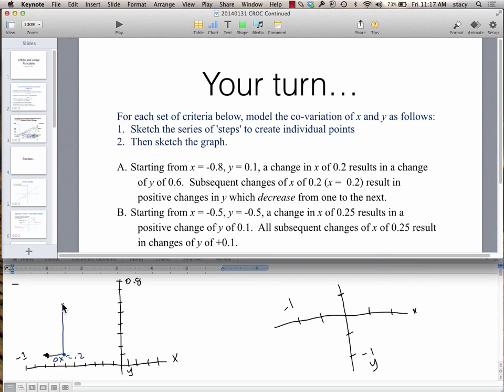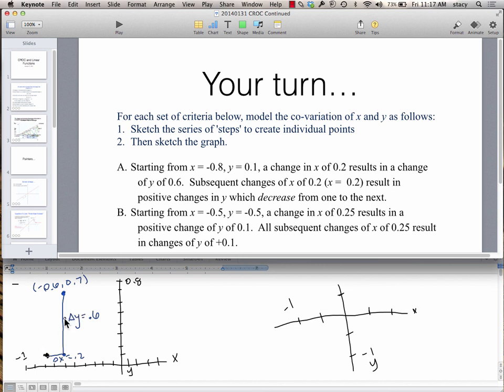So my corresponding change in y will be 0.6. So that lands me at a new point, right? What's the new point? Negative 0.6, 0.7, okay?